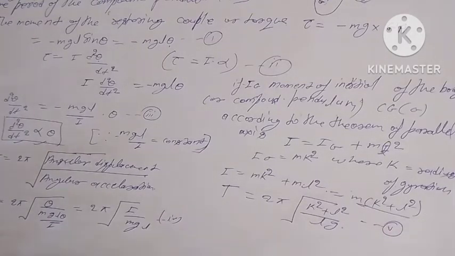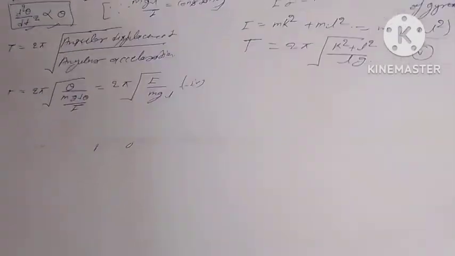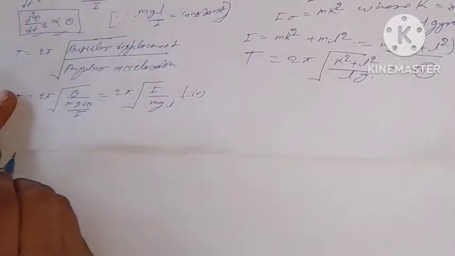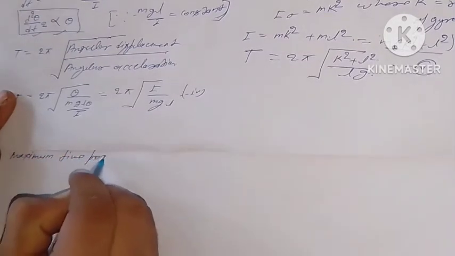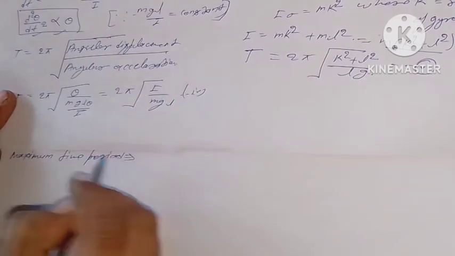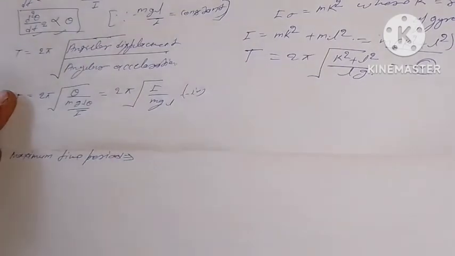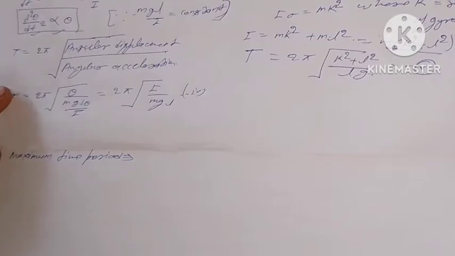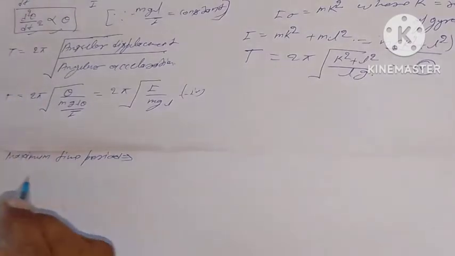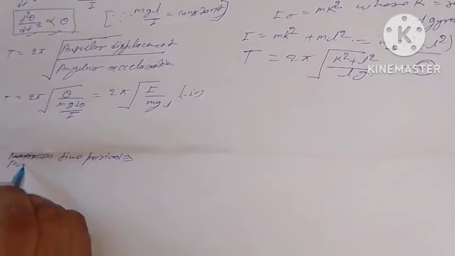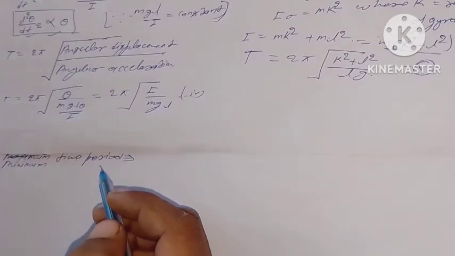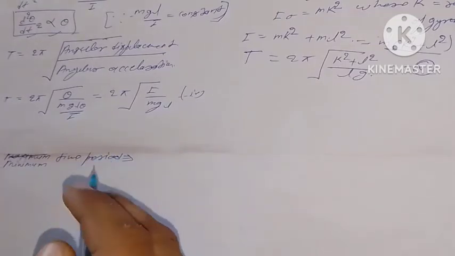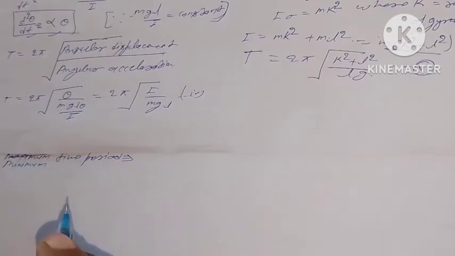Minimum time period. The time period of the compound pendulum is minimum when the distance of the point of suspension from the center of gravity is equal to the radius of gyration.